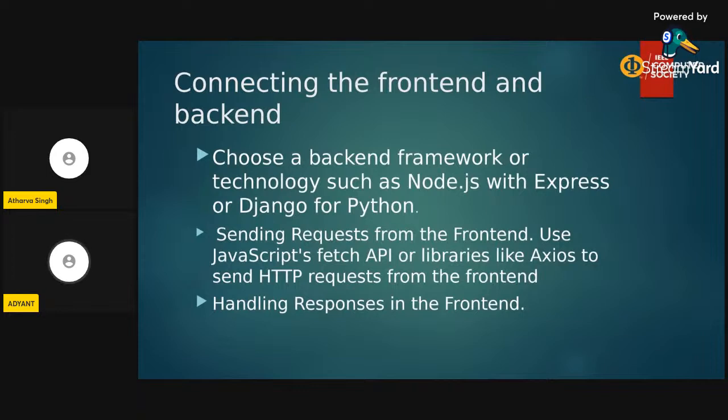This is where the role of API comes into play. Now I will explain the role of APIs, which play a major role in connecting the front end and the back end.